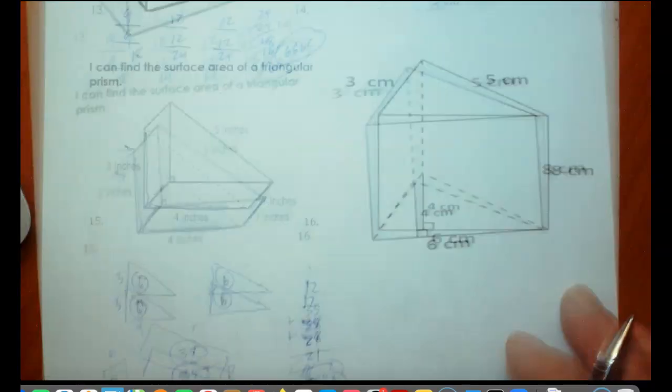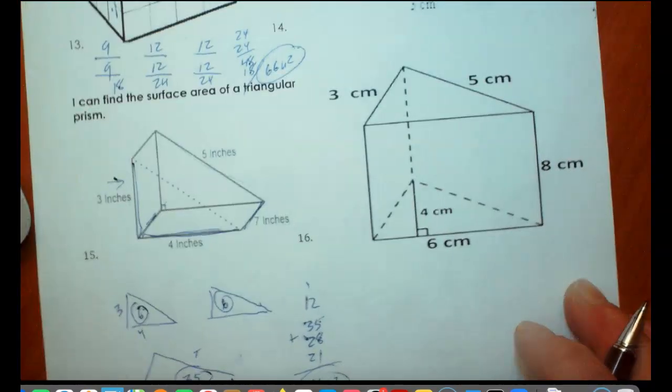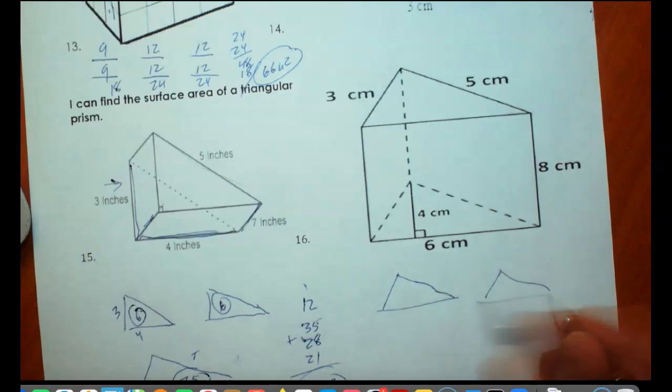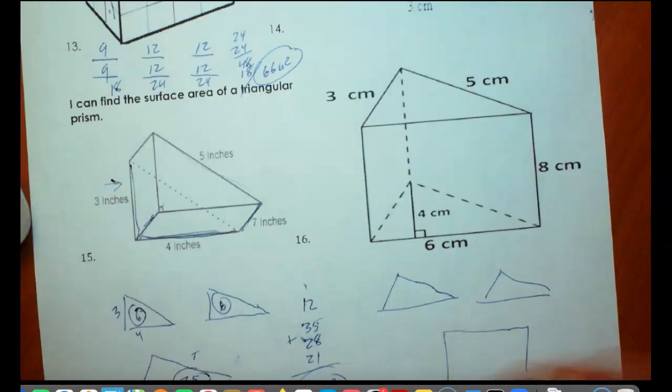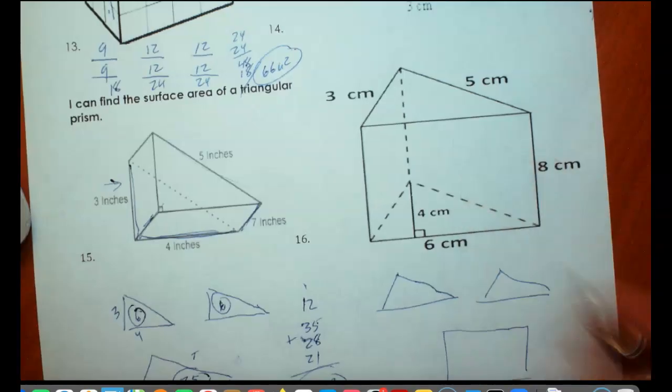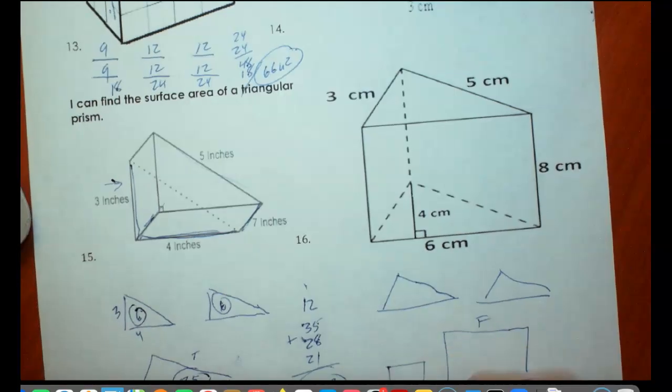So then on this triangle here, I won't be as fancy this time, just draw a couple of triangles here. And then I'm just going to draw some rectangles. This one here, we'll call it the front. And we'll draw another one, just call it the back. Draw one over here, call it the end.